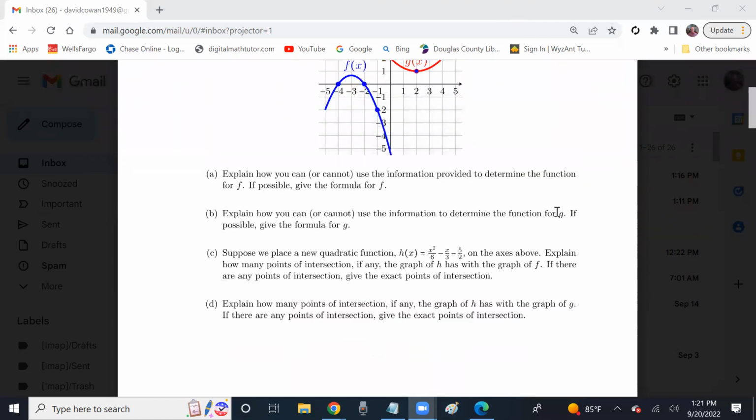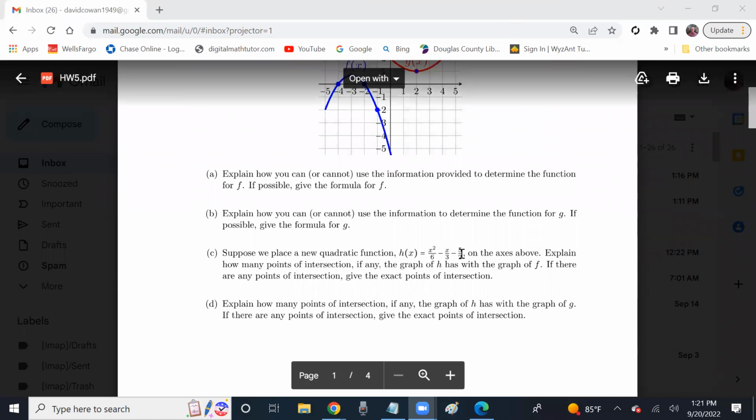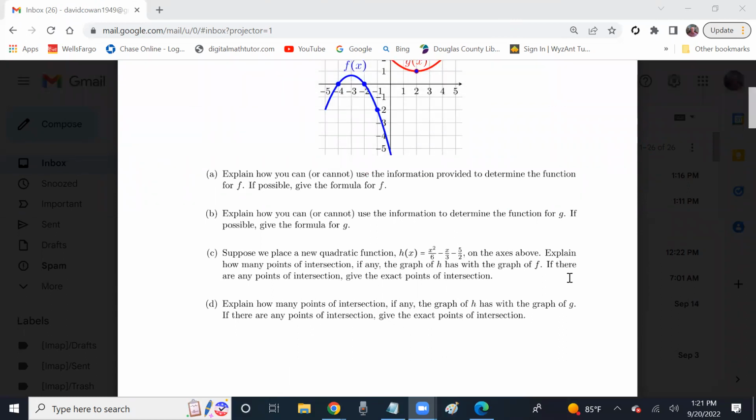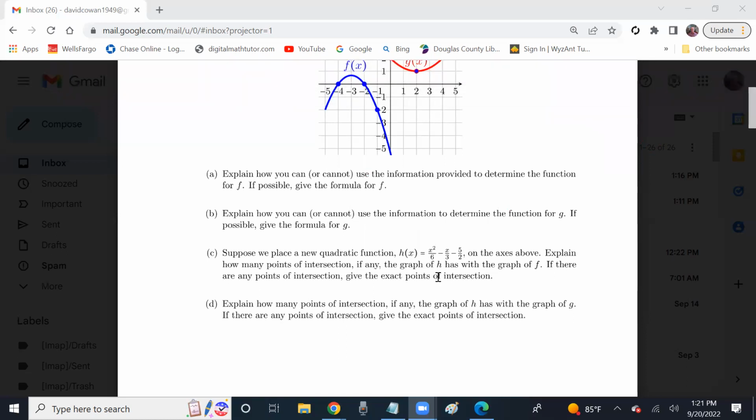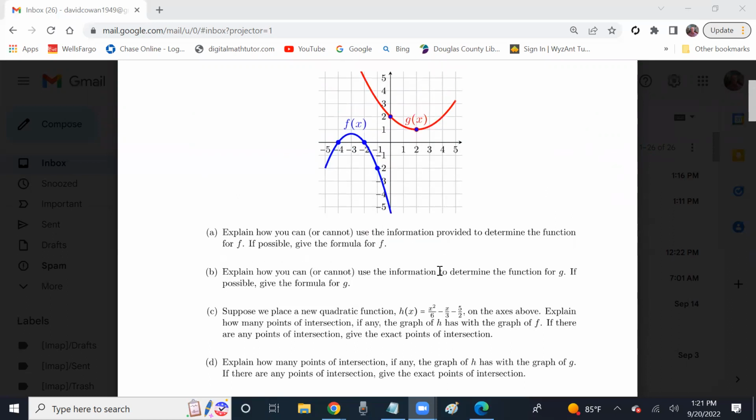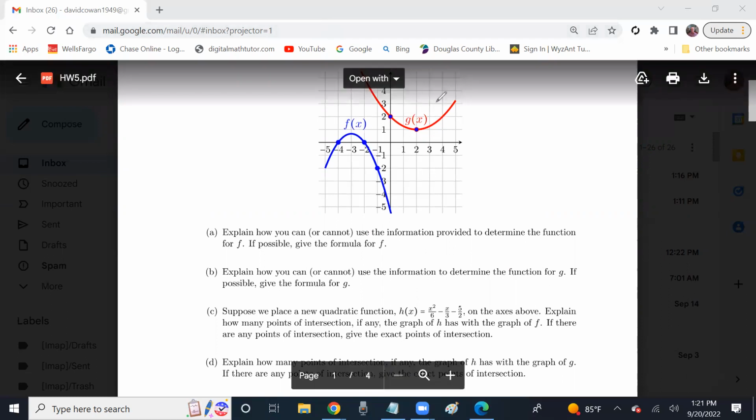Suppose we place a new quadratic with that formula on the axis above. Explain how many points of intersection, if any, the graph of h has with the graph of f. So f is the only one we care about. I don't need to show g fully, but we want to graph that.